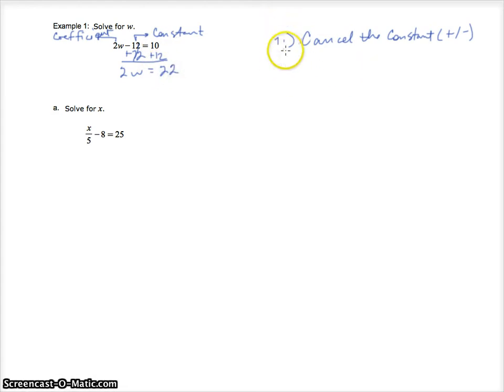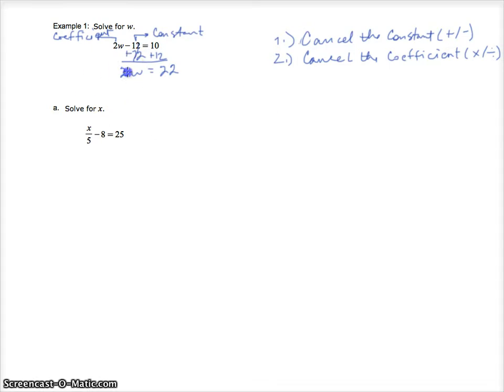The next thing I want to do is cancel my coefficient. Which is going to be to multiply or divide.